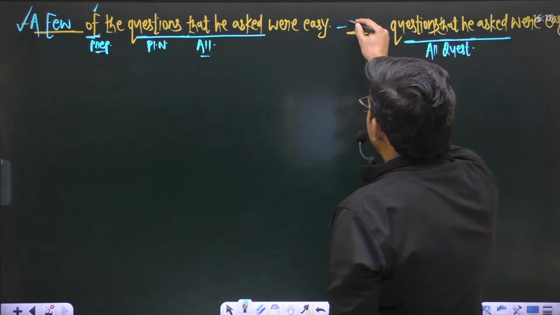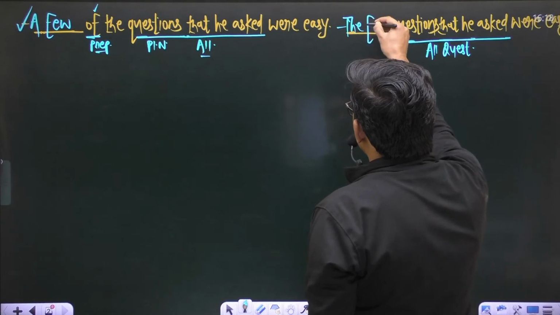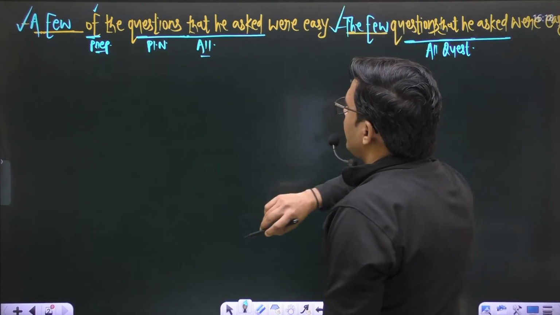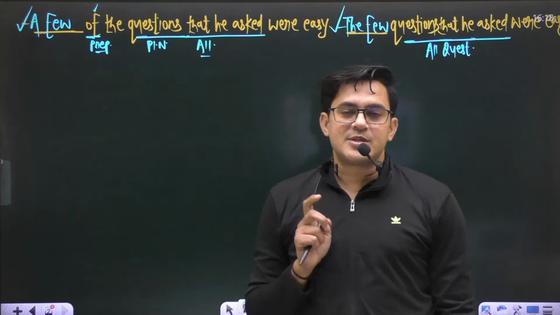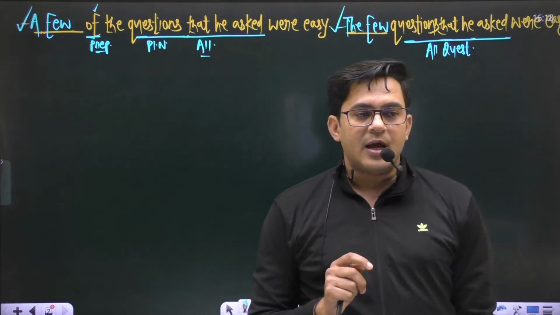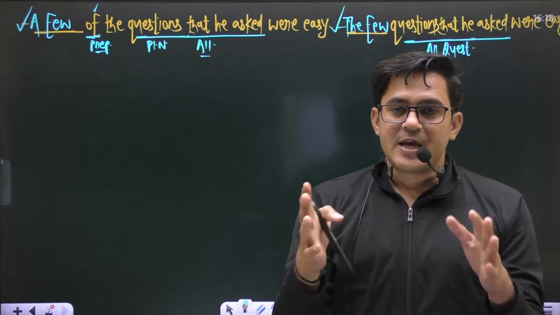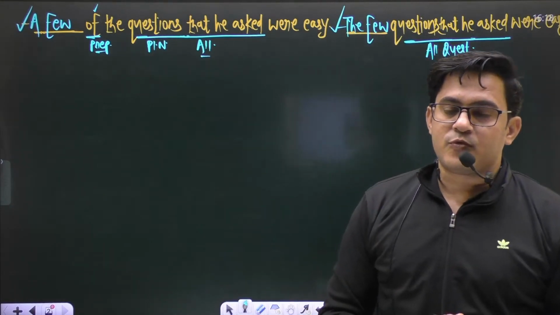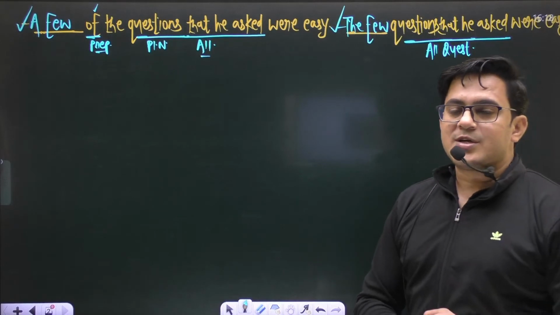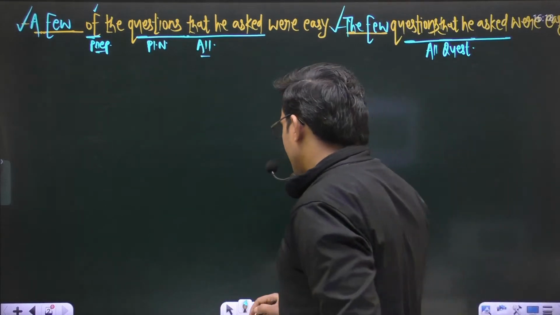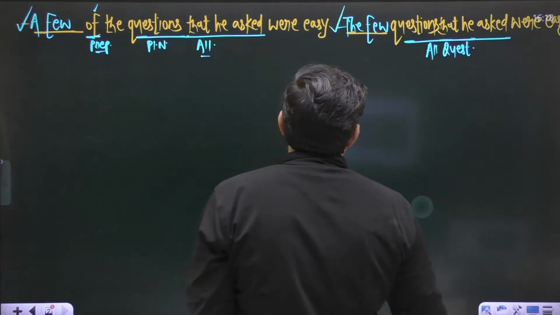Here you can use "the few questions". Here "the few" can be okay, but if you have the preposition of relation "of", in this situation we use "a few of the questions", meaning some out of all. To show this sense we use the determiner "a few". Okay, move to the next one.